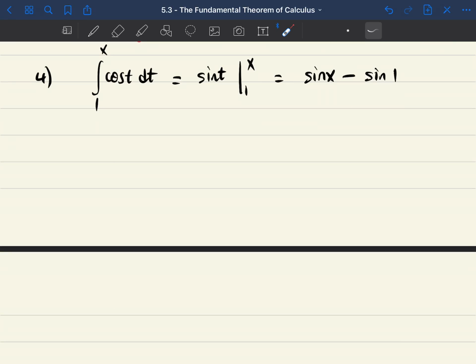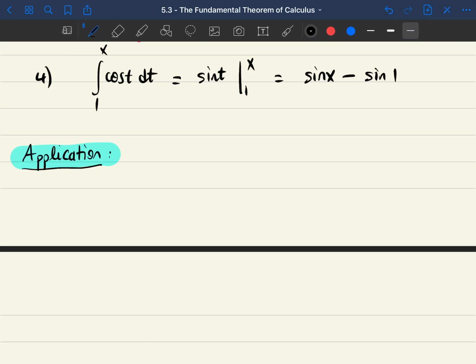All right. So now let's do an application. Let's do the following application.